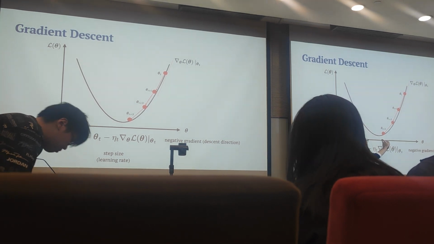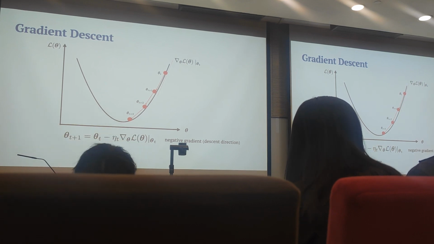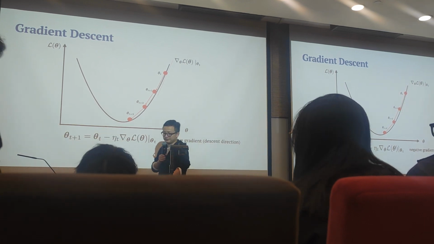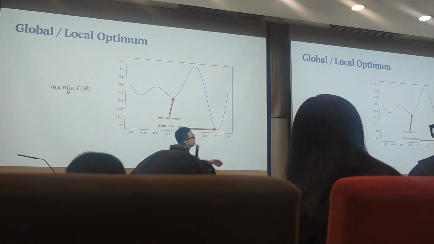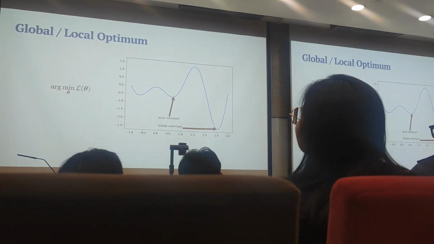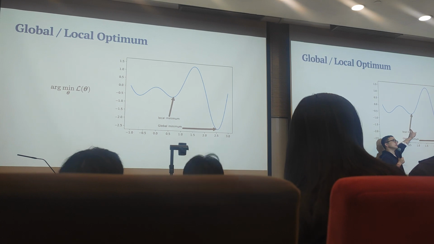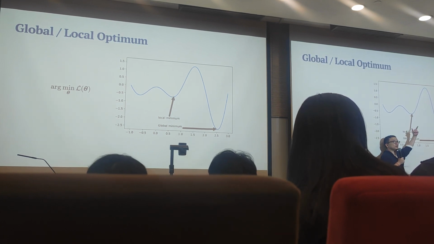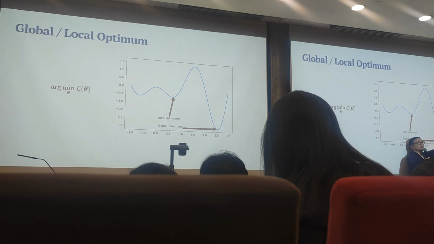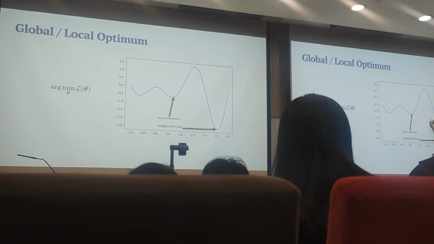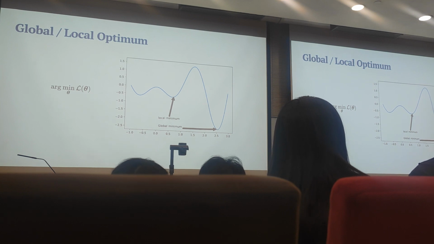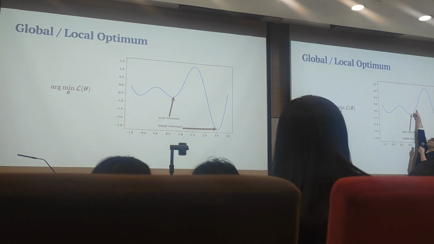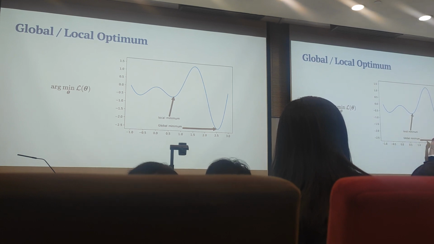Okay, so this is gradient descent. Of course, starting from different places means different things. If you initialize theta to different values and then follow gradient descent, sometimes you will end up in different places. For example, if you start at some place like this, you will go here, but if you start at some place like that, you'll go there, sometimes into a local minimum.